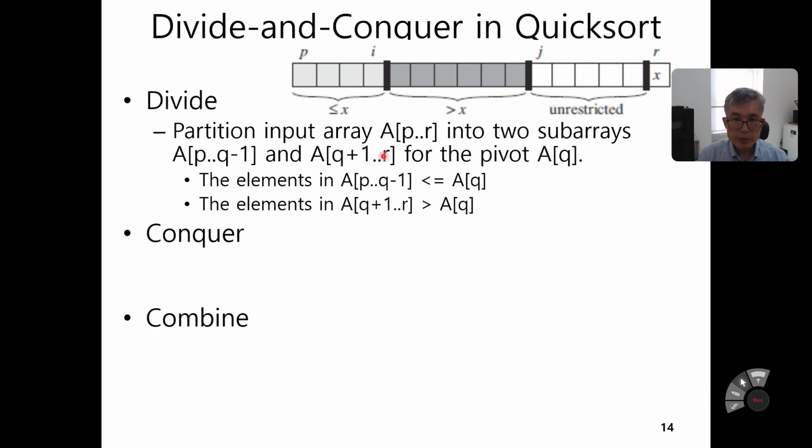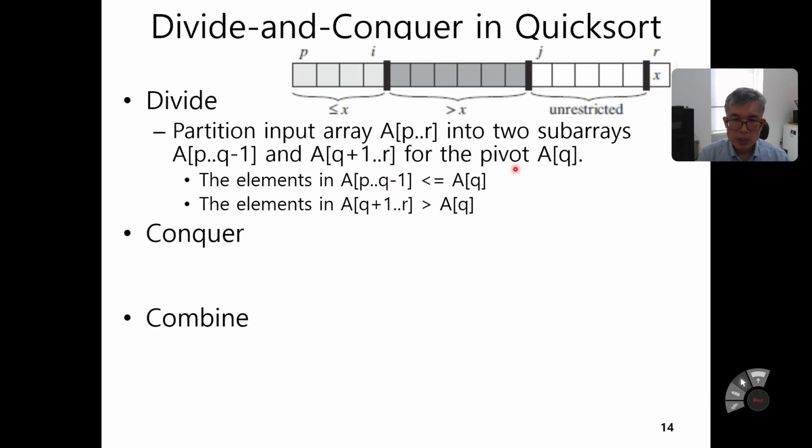And then the third region is unrestricted, not-sorted items, okay? So we can partition the input array, where the start index is P and the end index is R. We split into two subarrays, okay? P to Q minus 1, and actually Q is the pivot. After partitioning, this is the pivot.